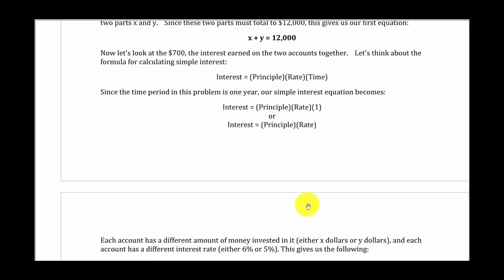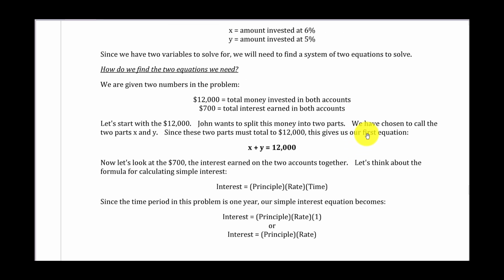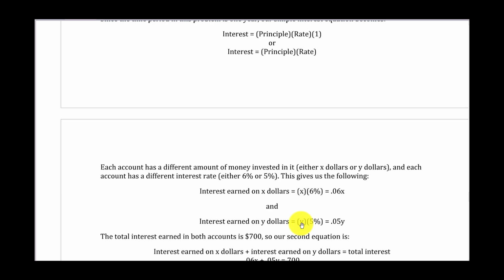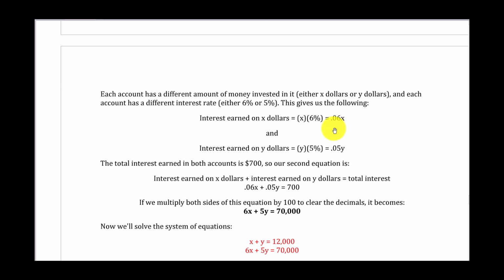But because we are talking about just one year, the time 1 is just nothing here. So we just end up with the principal times the rate. That's why we only have 0.06x and 0.05y. Now we know that when we add the two interests earned here, we should end up with 700 at the end of the year. So that's how we got the second equation right here.